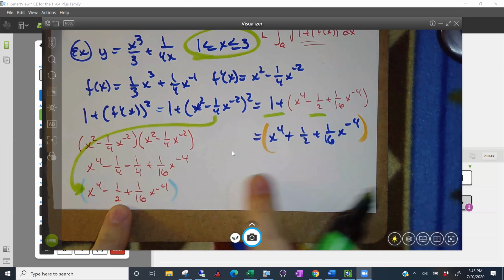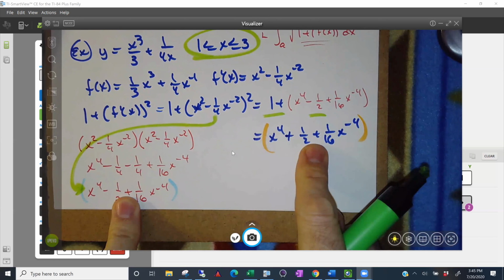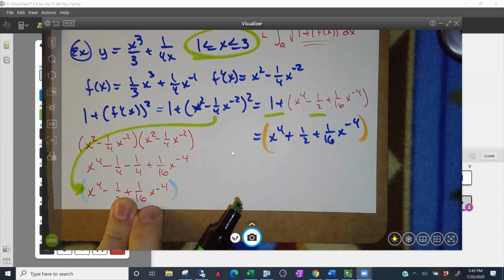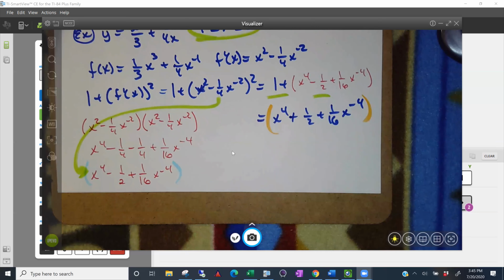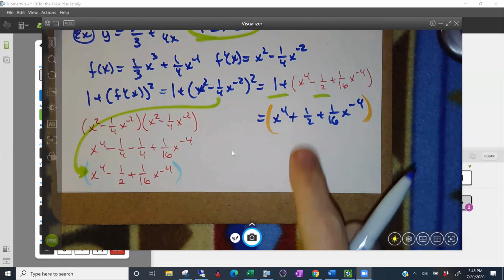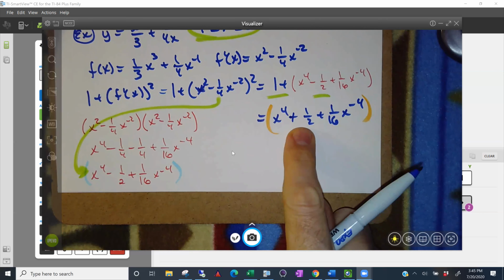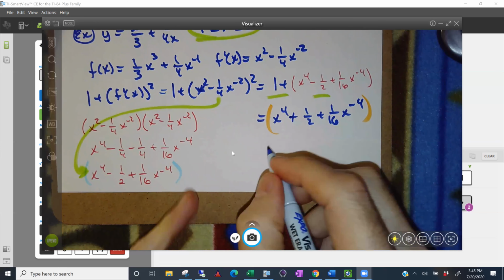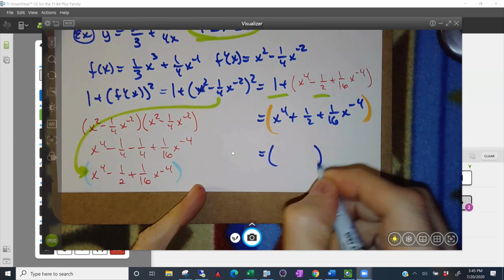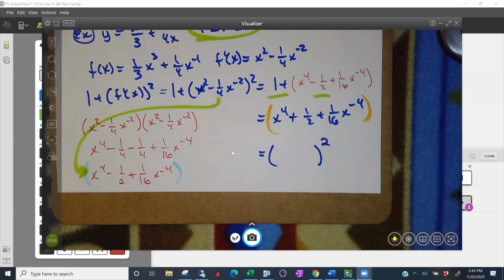But boy, this one looks awfully like this one, doesn't it? What's the only difference? Positive sign. You have the positive sign here, right? Can anyone figure out what I can square to get this?